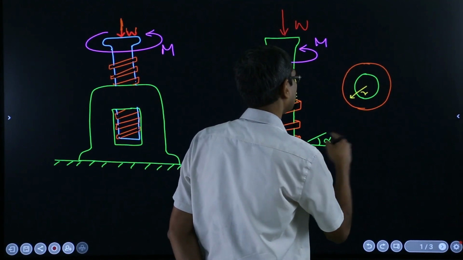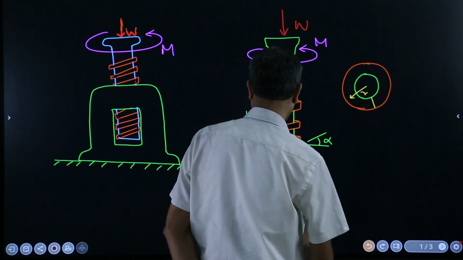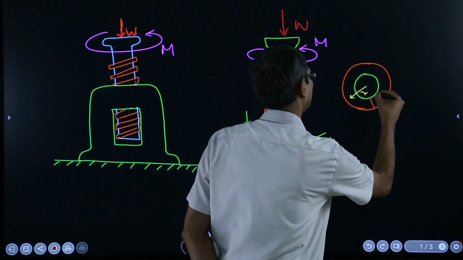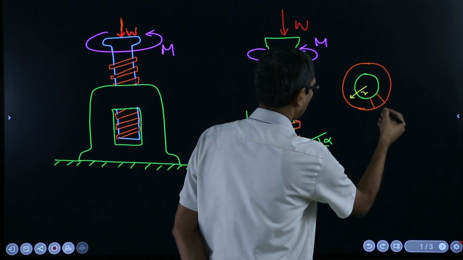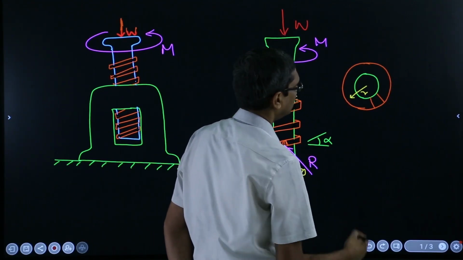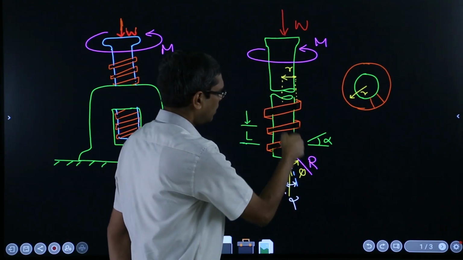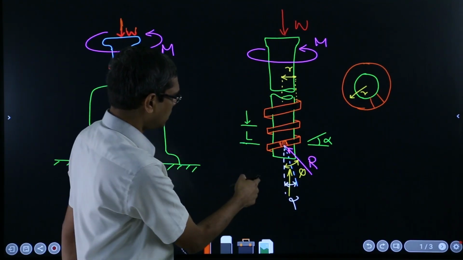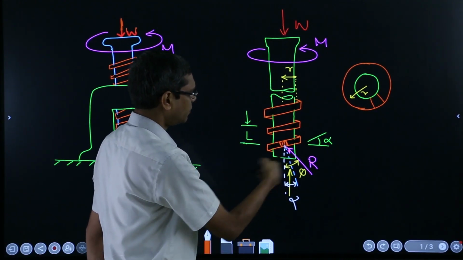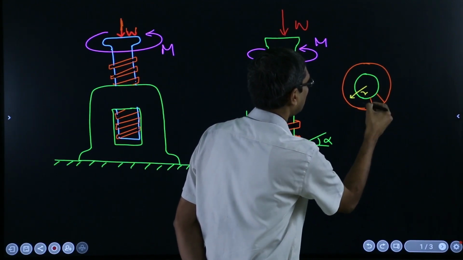Say this is a small segment which I have chosen, and the R is from downward, it is showing up, and I'll show here the horizontal component, which is acting in this direction, tangential to this circle at a radius r.